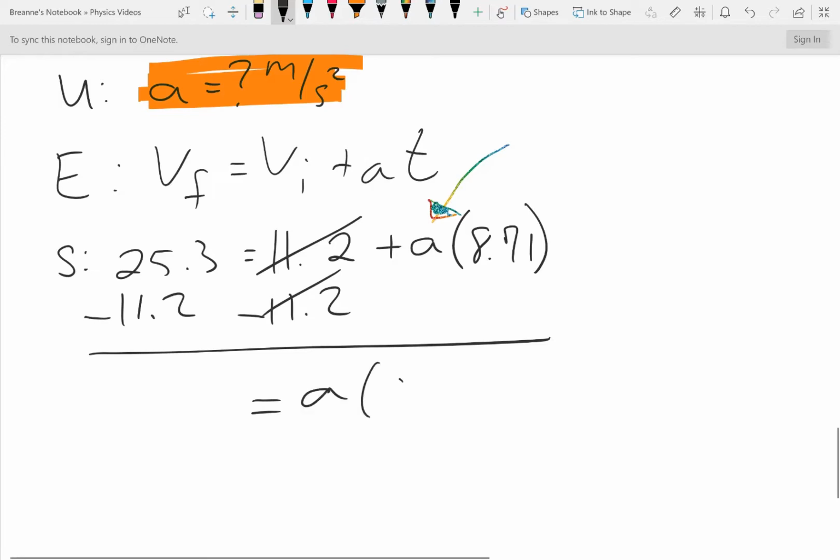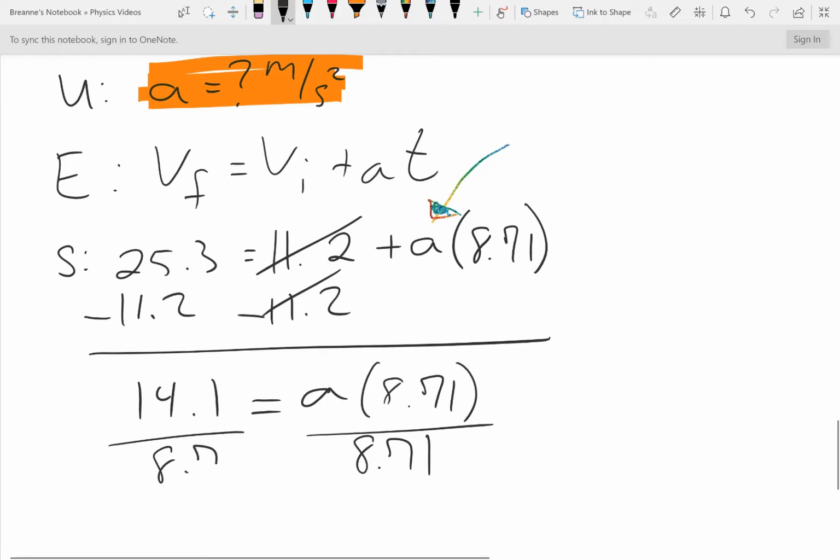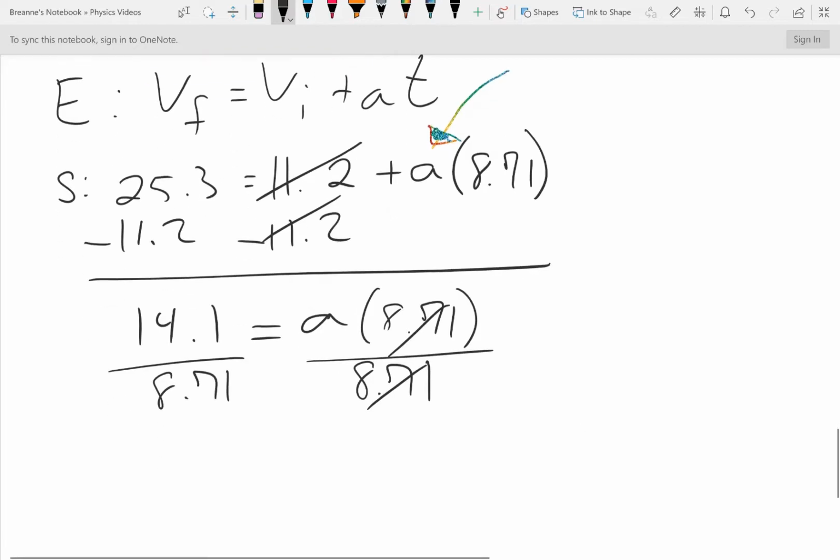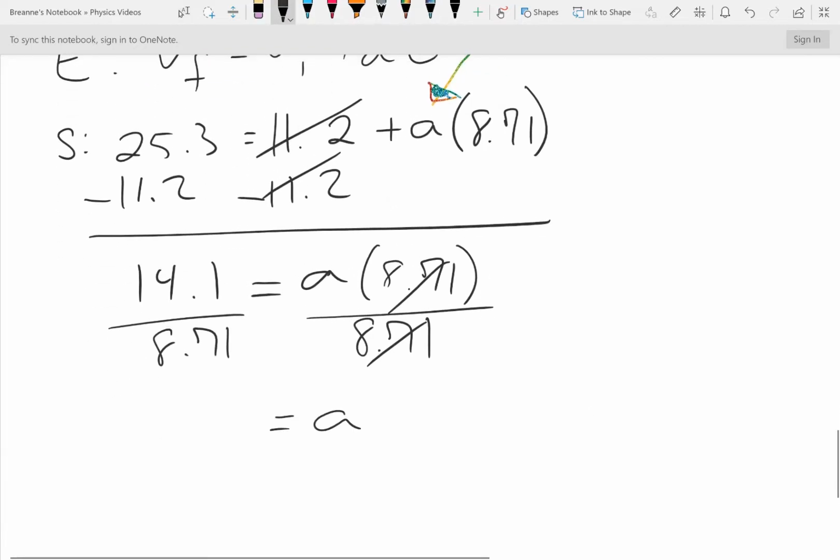So we're left with A times 8.71 equals 14.1. We need the A by itself. The opposite of multiply is divide. What you do to one side, you've got to do to the other, so they cancel out. So in your handy-dandy calculator, you're going to plug in 14.1 divided by 8.71.